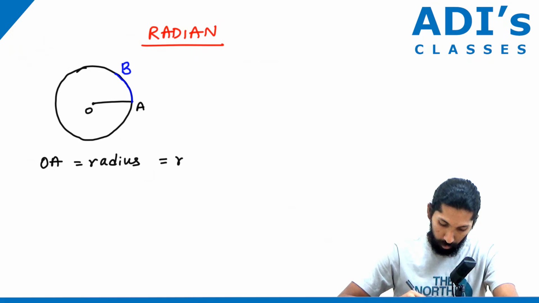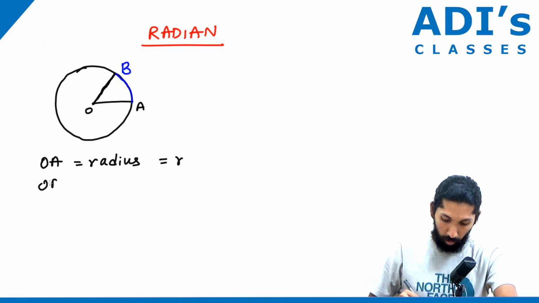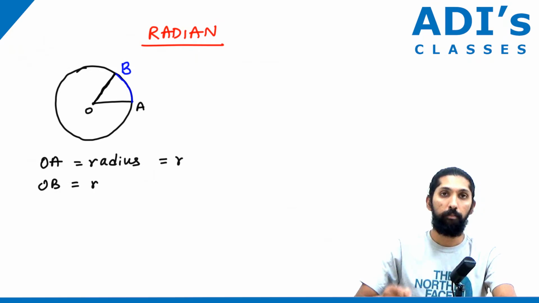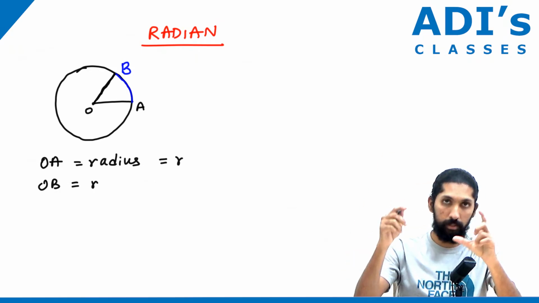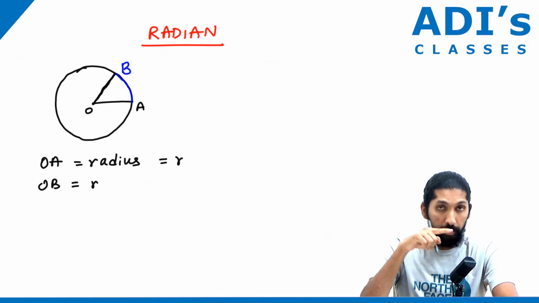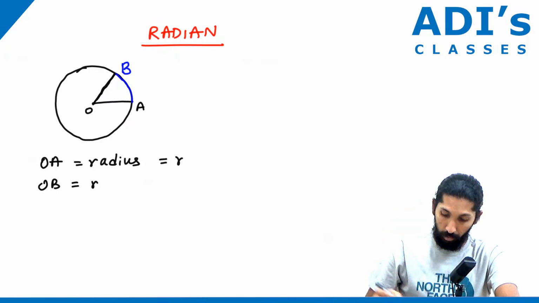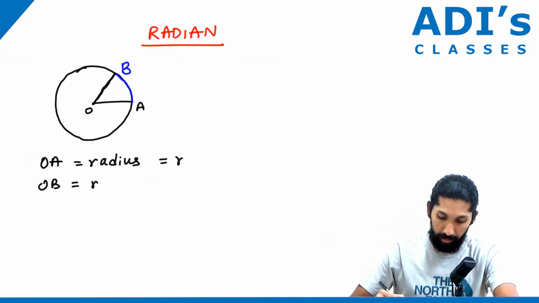Then you join O to B. Now OB will also be the radius, isn't it? The distance from the center to the circumference is always the radius. So if you look at that particular sector OAB, what do you get here?